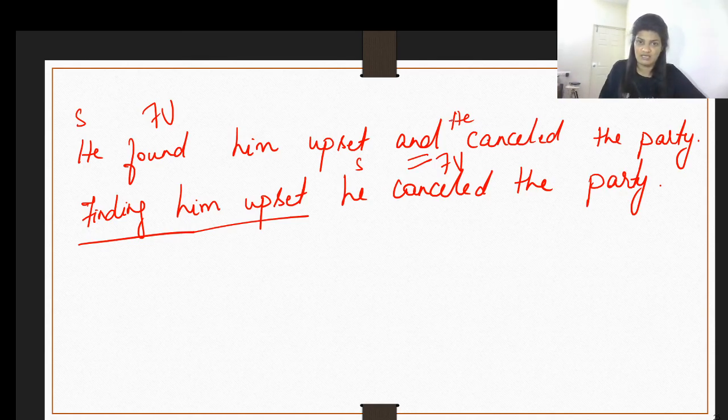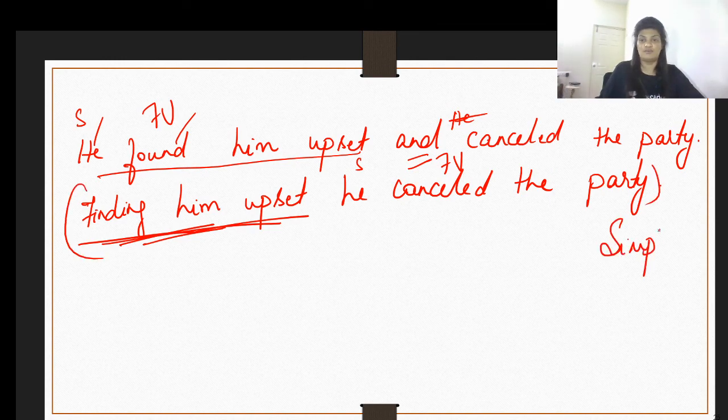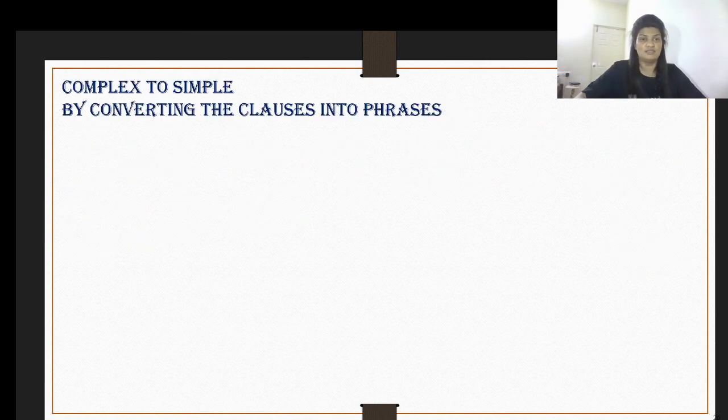Instead of writing "he", we omitted it, and cancelled the party. Now we converted this into a phrase. We eliminated the subject and the verb, and we converted this into a phrase, and there you have our simple sentence. So this is how you convert a compound statement into a simple sentence.